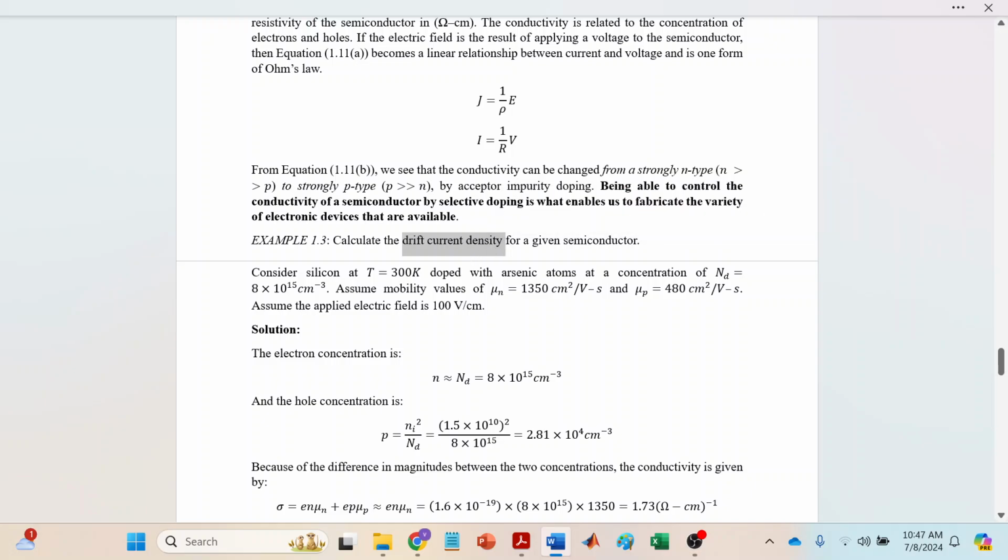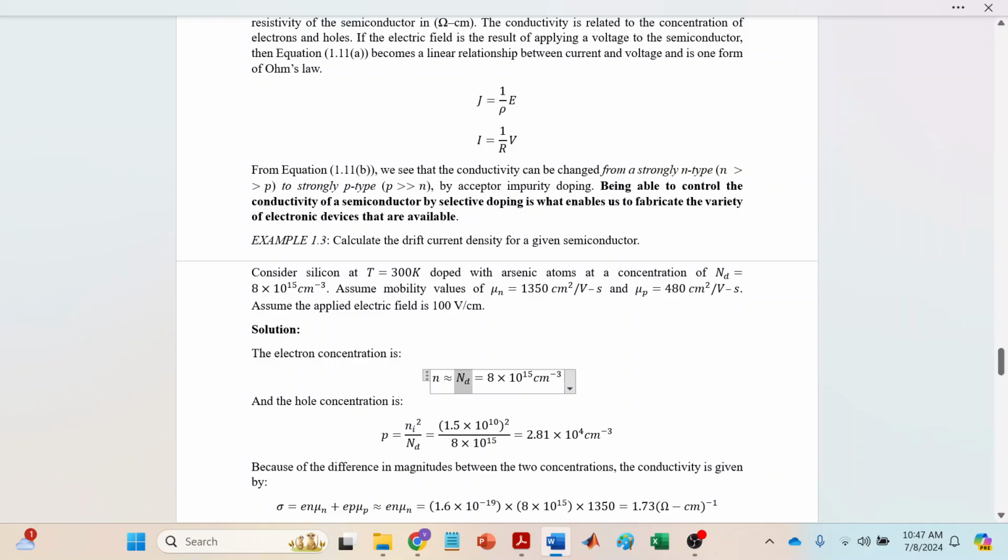We already have the donor concentration that the silicon is doped with, and this donor concentration is far greater than the one that would be produced in the intrinsic case.